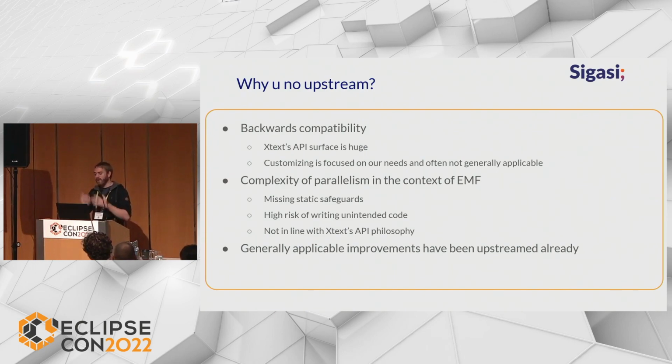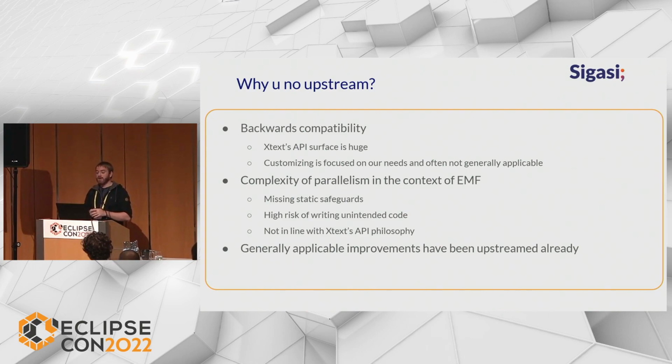We changed the way EMF code generation works, and it's necessary to make it work at all. Xtext is built around the idea that you have these EMF models already, and now you make a small DSL on top of it to make it easier to edit. So it would be going against the mission of Xtext.